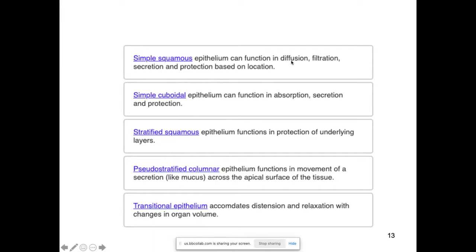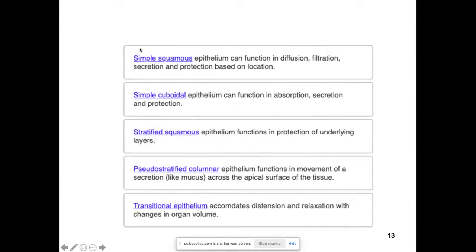Let's think. Diffusion. How about maybe where blood vessels are, where we need gas exchange to take place? What about epithelium can function in absorption, secretion, and protection? Remember the simple cuboidal. Absorption, secretion, and protection, especially absorption and secretion. This is the kidneys, those tubules, the proximal and distal convoluted tubules.